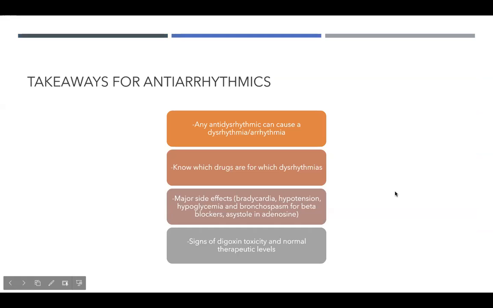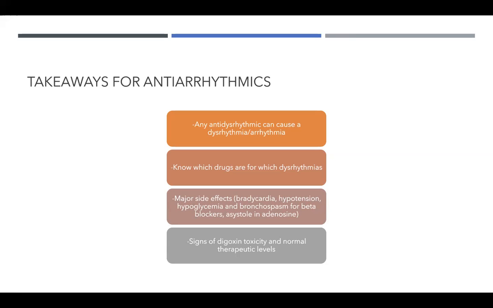Okay, so some key takeaways for the antiarrhythmics: any antidysrhythmic can cause another dysrhythmia or arrhythmia. And then you want to know which drugs are used for which dysrhythmias, because you're not going to use lidocaine on someone who is going into AFib necessarily.